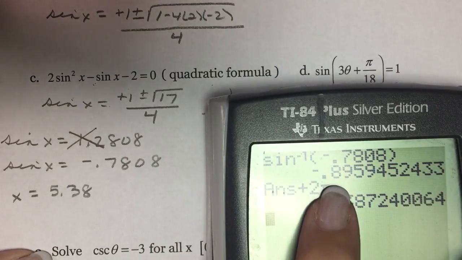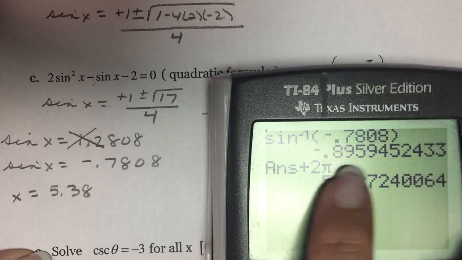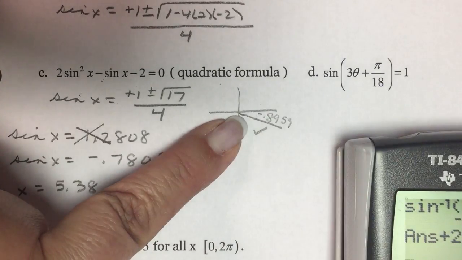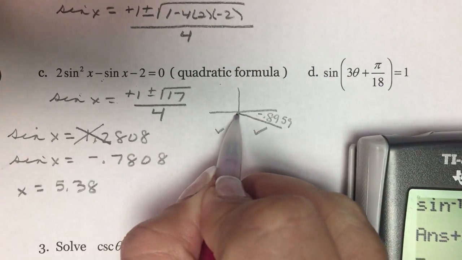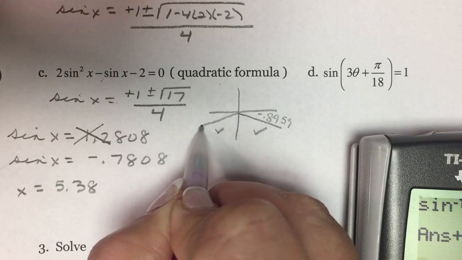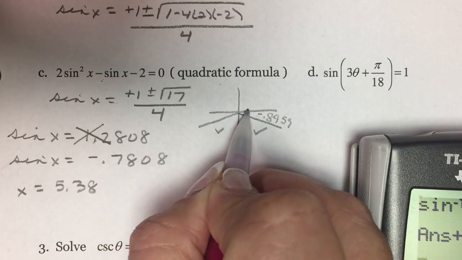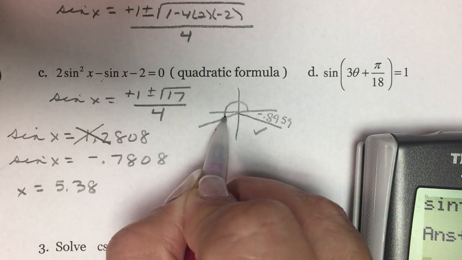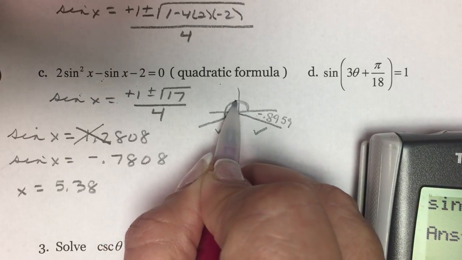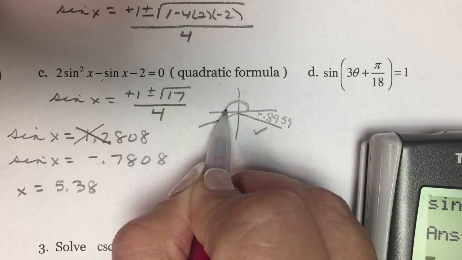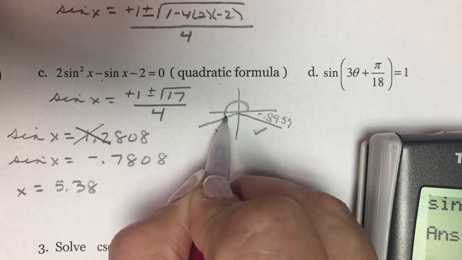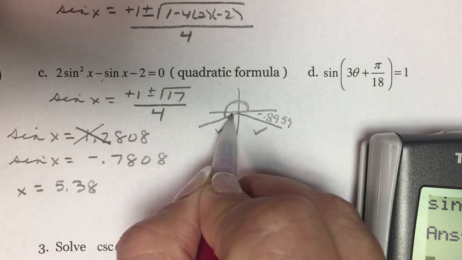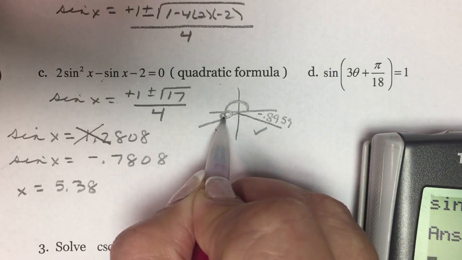That's what that first one gave me. And this is what it looks like. So wouldn't the third quadrant angle be this angle right here? So what it would be is pi, or 3.14, plus the 0.8959, because that's what this is right here.